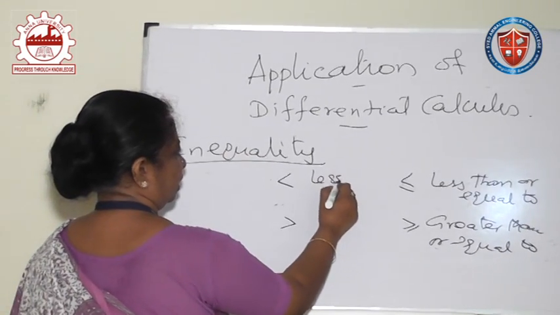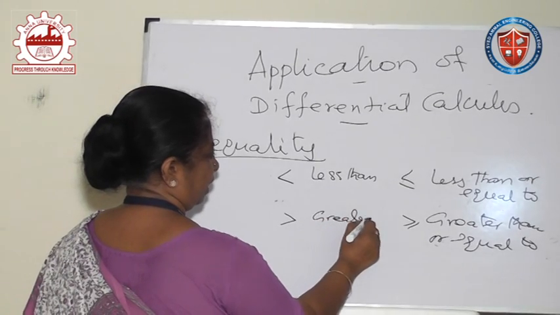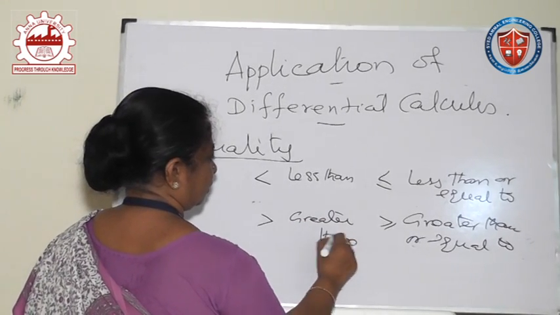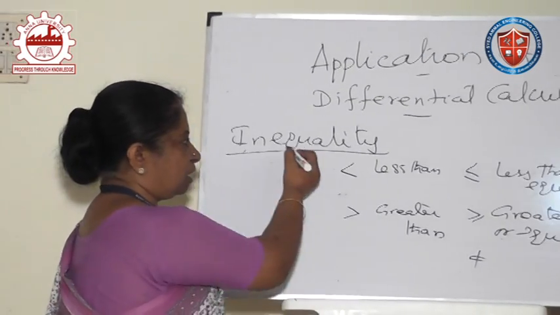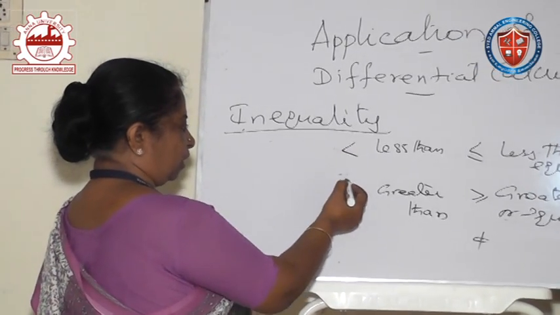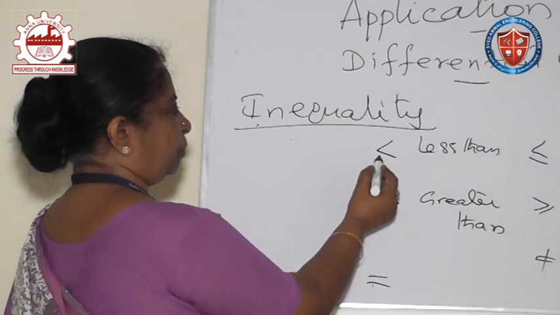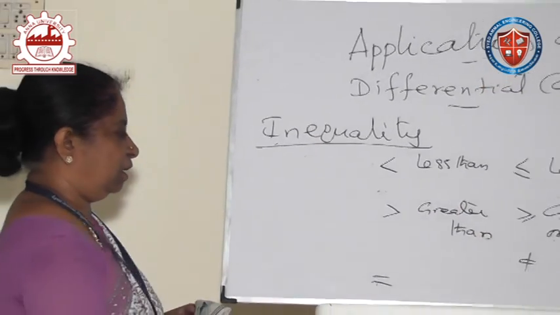This is simply less than. This is greater than. And also not equal. All these come under inequality. Instead of the equal to sign, if we place any of these, this becomes an inequality.